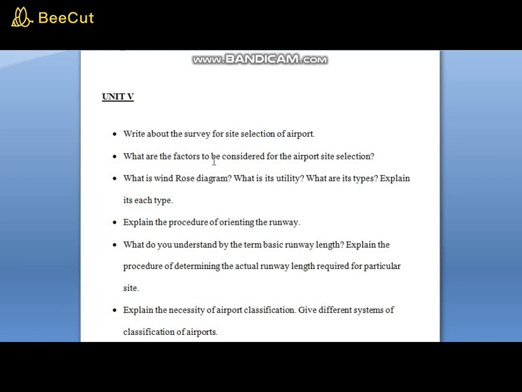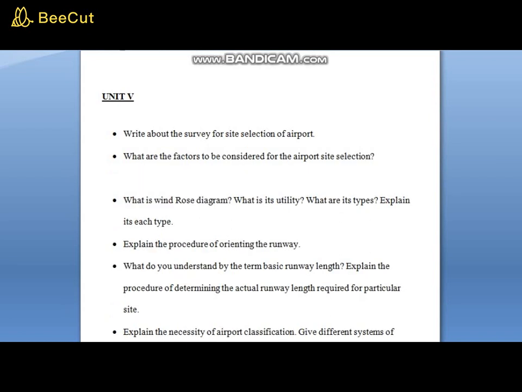First we will start with: what are the factors to be considered for airport site selection. Your answer to this.